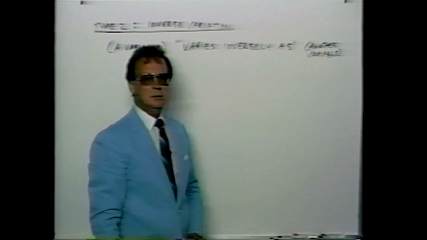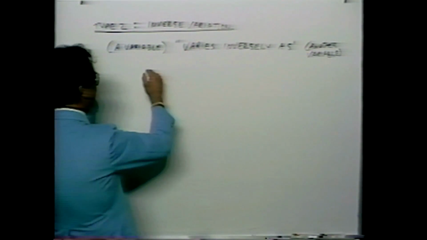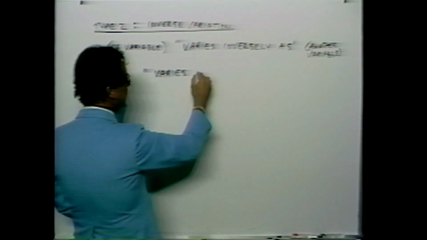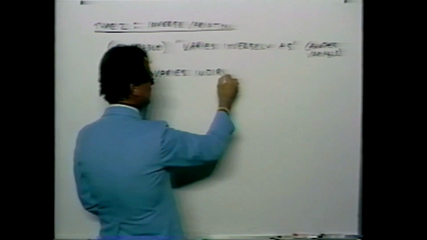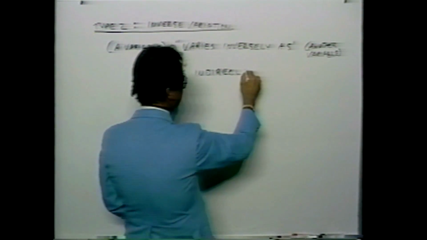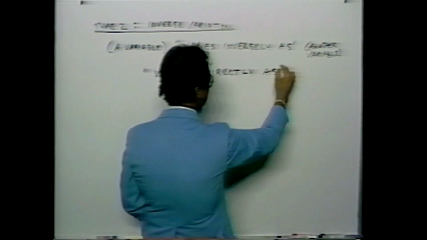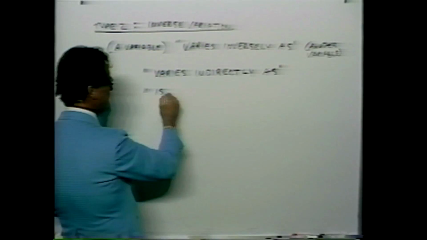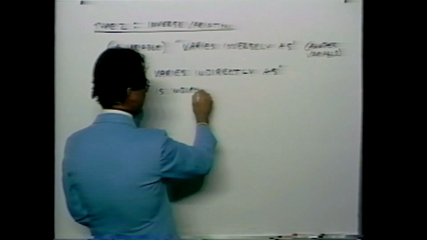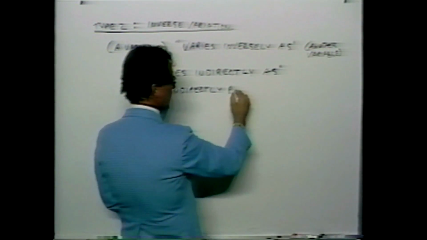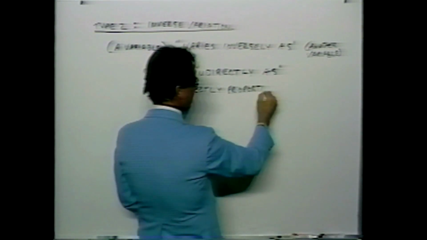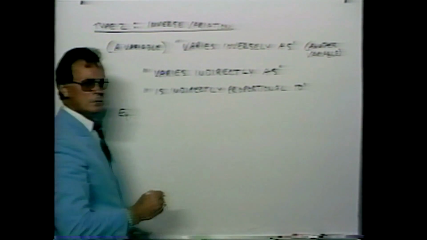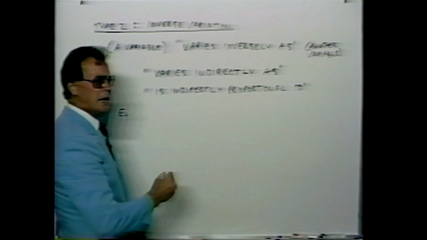Other phrases which mean the same thing are varies indirectly as, or is indirectly proportional to. For example, volume varies inversely as the pressure.